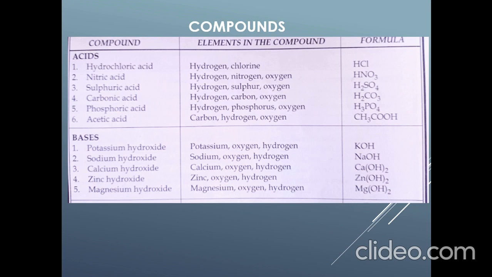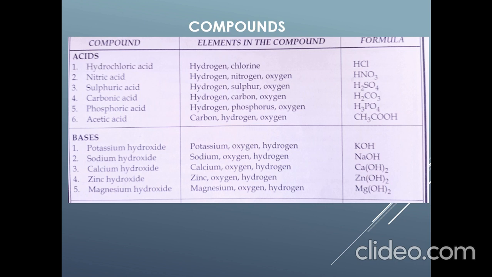Now let us consider the other category, that is bases. All the bases consist of OH⁻ ions, which is also called hydroxide. Potassium hydroxide consists of potassium, oxygen and hydrogen, and the formula is KOH.